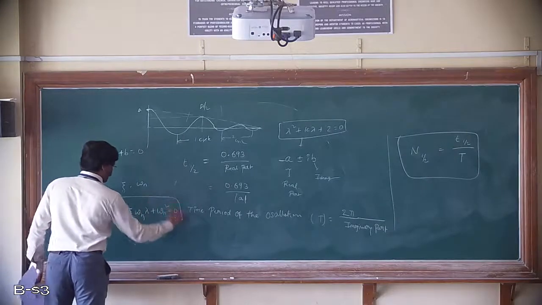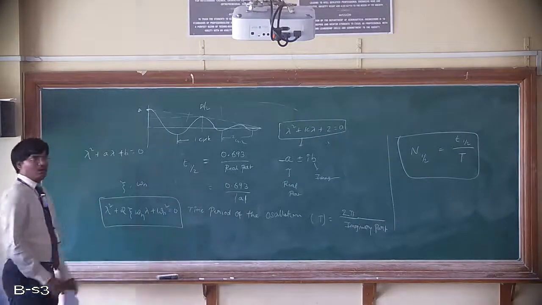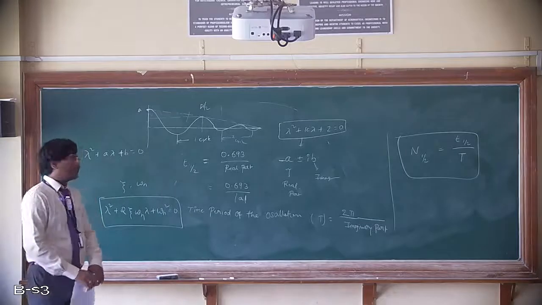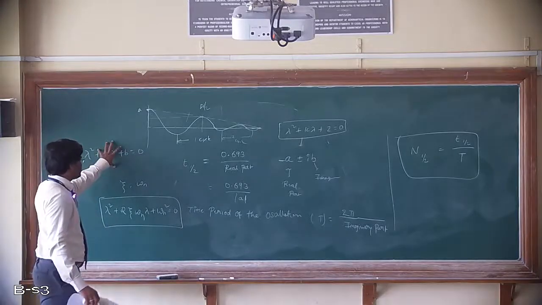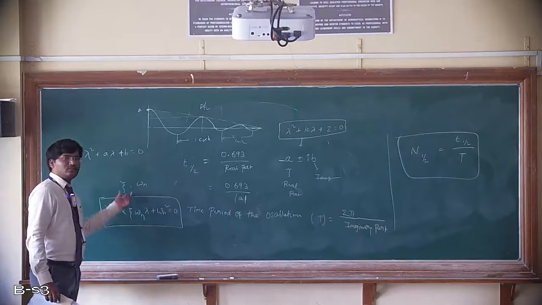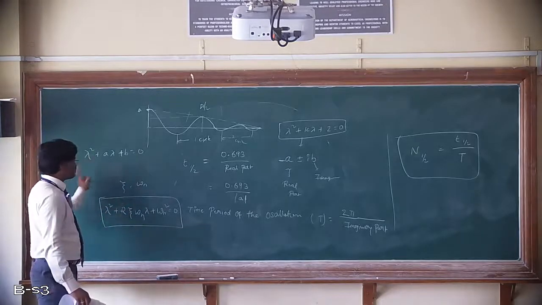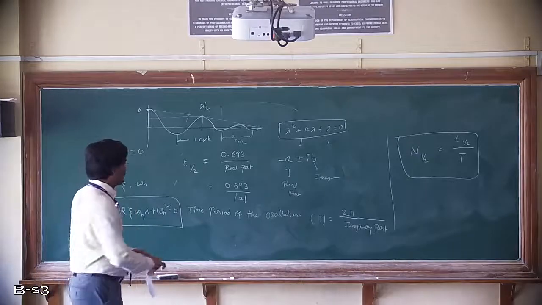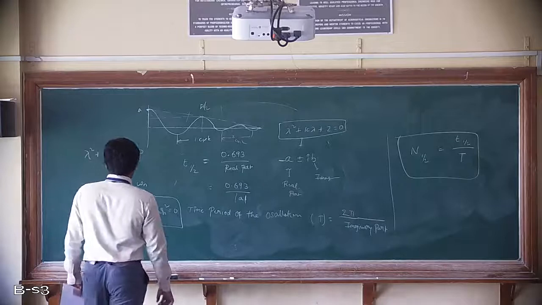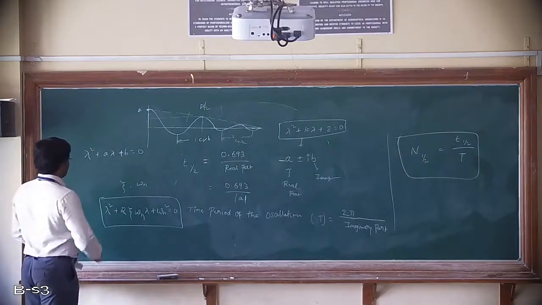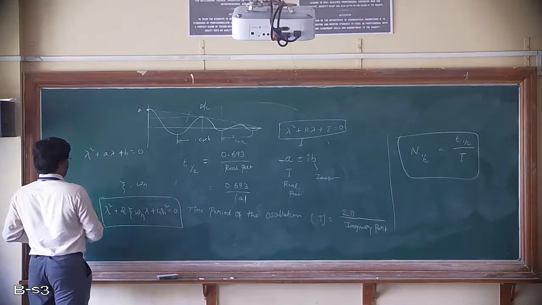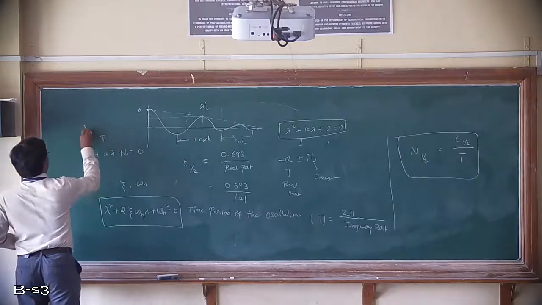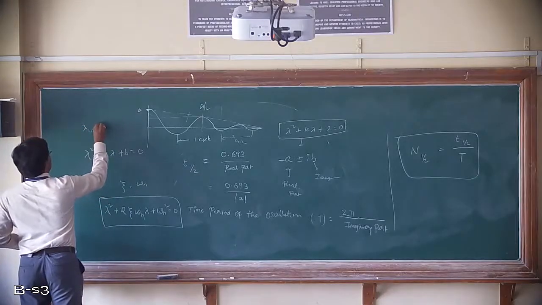Already we discussed, right? You can represent it as lambda square plus 2 zeta omega n lambda plus omega n square is equal to 0, right? You can compare this with any second order differential equation where damping is included. So you can compare these two equations, right? Very important formulas. Just remember.